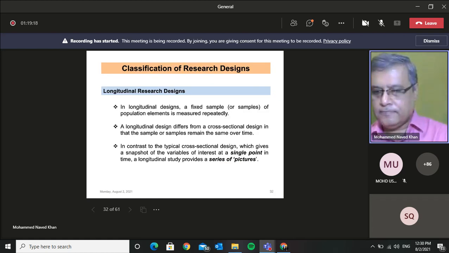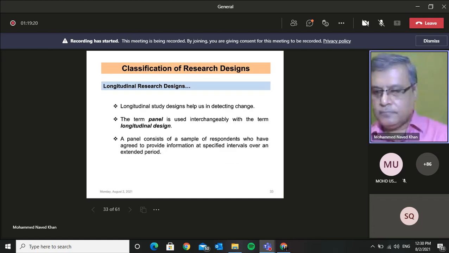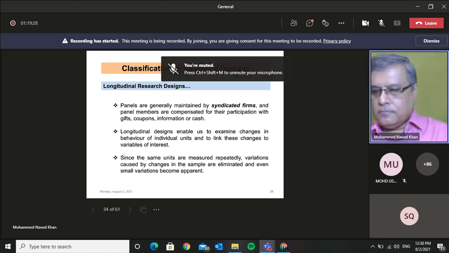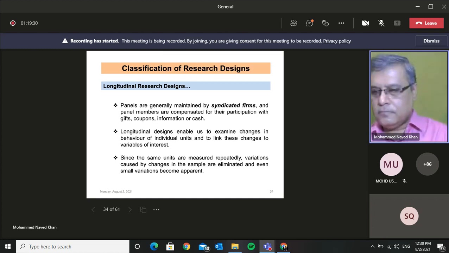Yes. So can you just explain in short again the longitudinal designs related to the panel? Okay, I'll explain. No problem. Any other question related to longitudinal designs?